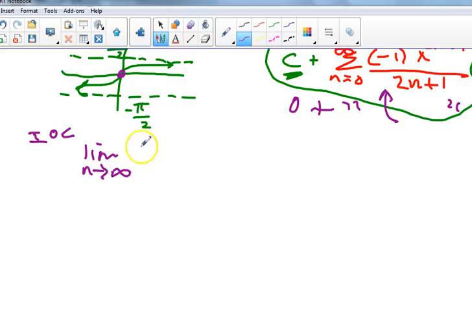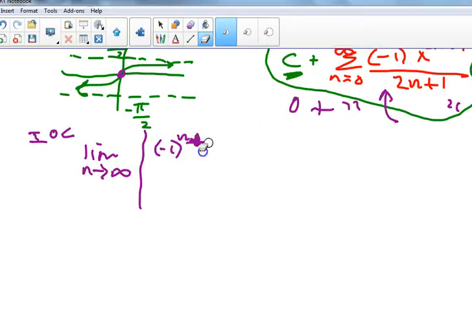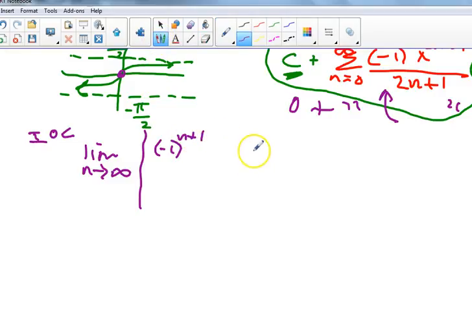So let's do that. The limit of the absolute value, -1 to the n plus 1. And the reason I don't care about the -1 is that we're in absolute values anyway. This is a plus. Oh my goodness, how ugly is that? It should be n plus 1. Okay. x to the 2n plus 1 plus 1. So I'm substituting n plus 1 in there for n.